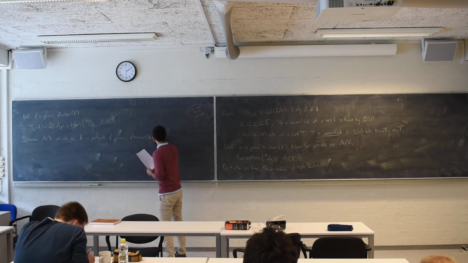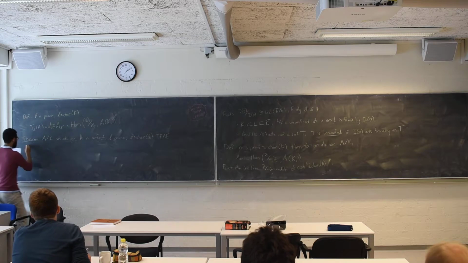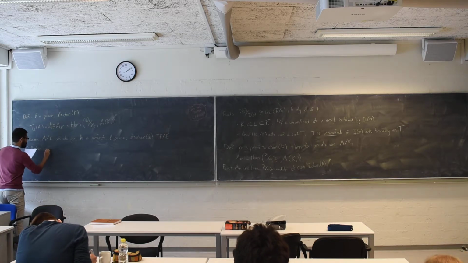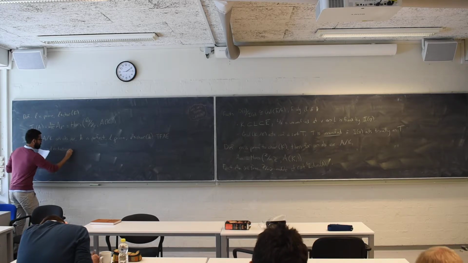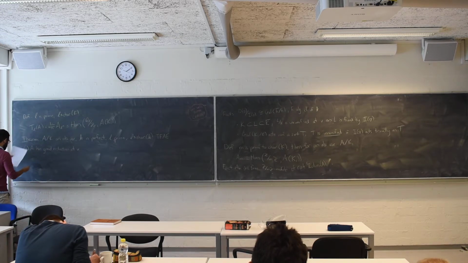Then what does the theorem state? It says that the following are equivalent. First, A has good reduction at V, or at the closed point of our DVR.